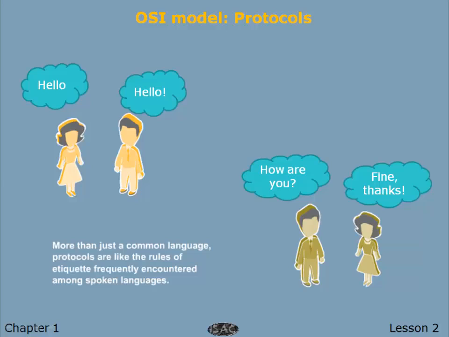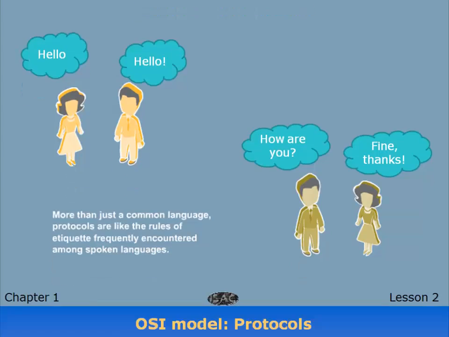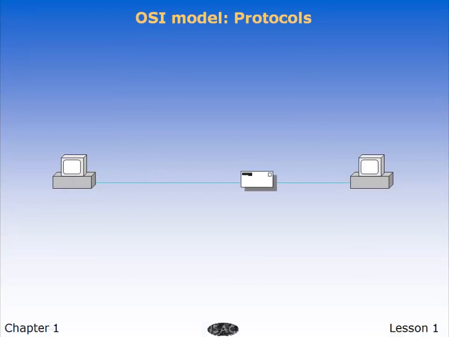Protocols are also more than just a common language, they are like rules of etiquette frequently encountered among spoken languages. So the first thing, two people can communicate only if they speak the same language. The exact same concept can be applied to network protocols.